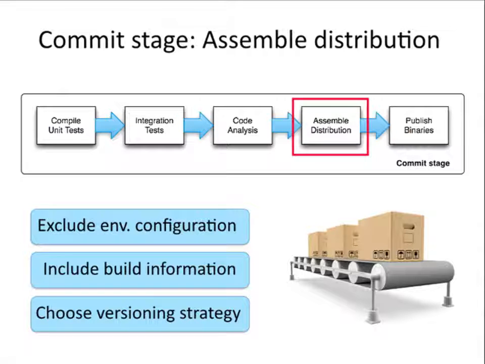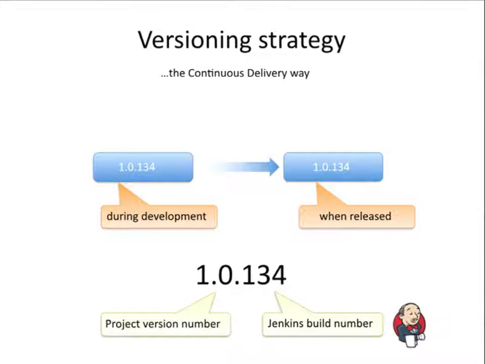Sometimes it's helpful to also include some build information that you can query for at runtime. For example, who built it, when was it built, what's the version number, and these kinds of things. And of course, you will have to pick a versioning strategy. People that come from Maven oftentimes go for the snapshot kind of pattern. But think about continuous delivery again, when we talked about in the beginning that we said every commit can become a potential release.